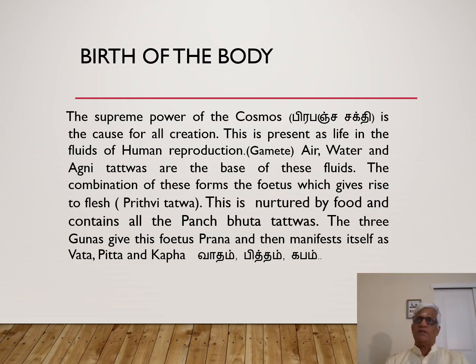Food is predominantly Prithvi Tattva and also has other Jala and Agni Tattvas. The body, which is primarily a Prithvi Tattva, is nurtured by the food. And the nurtured body gives rise to all the Panchabhuta Tattvas, the elements in the human body, and it grows into a child which is born.